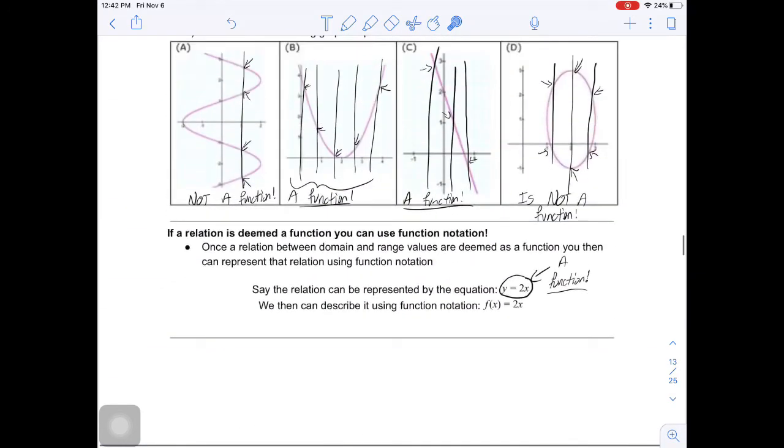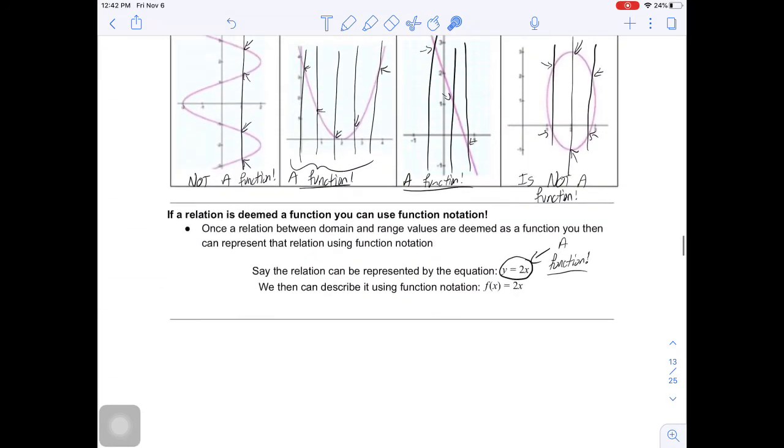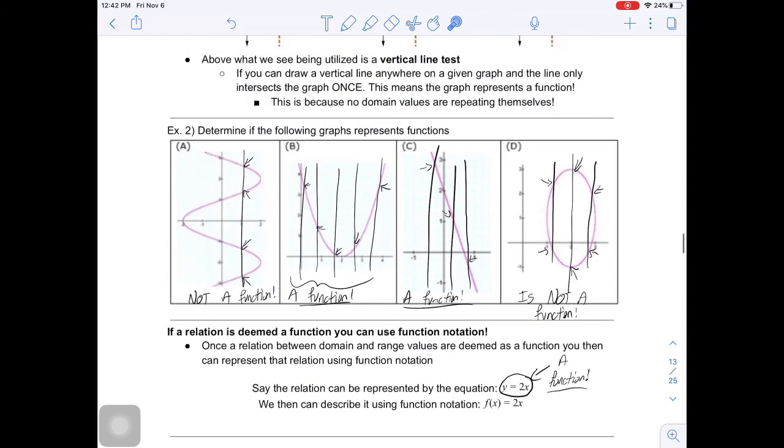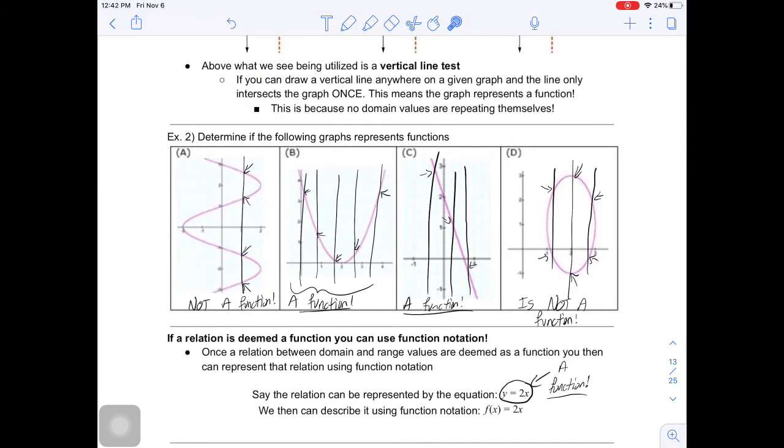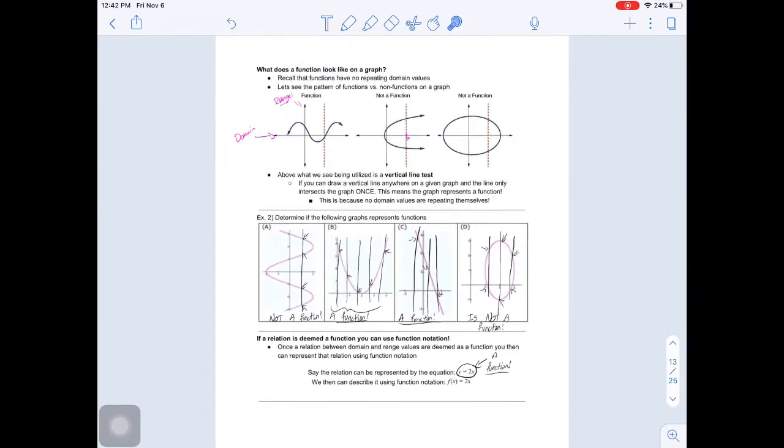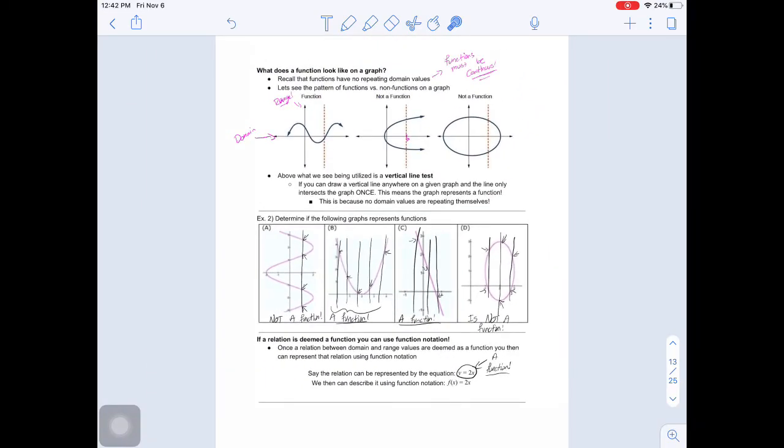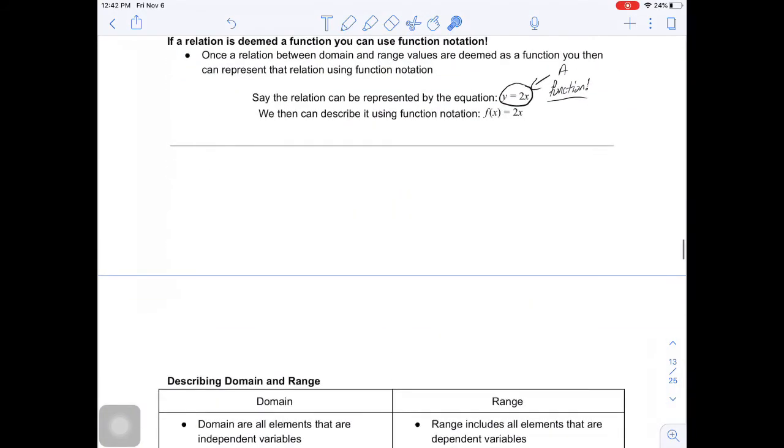Okay, so I'm going to stop the video there because the next thing is domain and range, and that's a whole other video on itself. So I would suggest practicing figuring out what's a function and what is not a function. Remember, let's do just a quick little review, and you want to write this on your forehead. So review, what is a function?